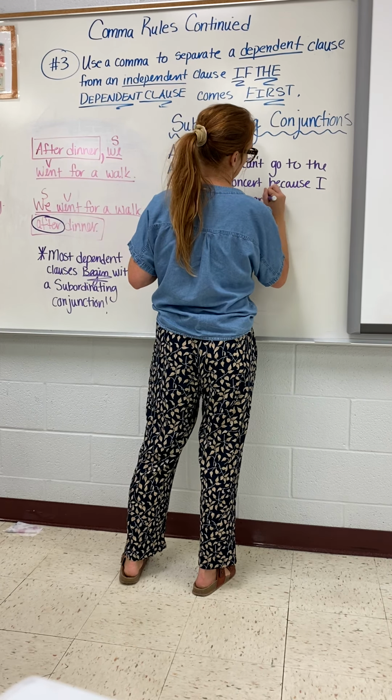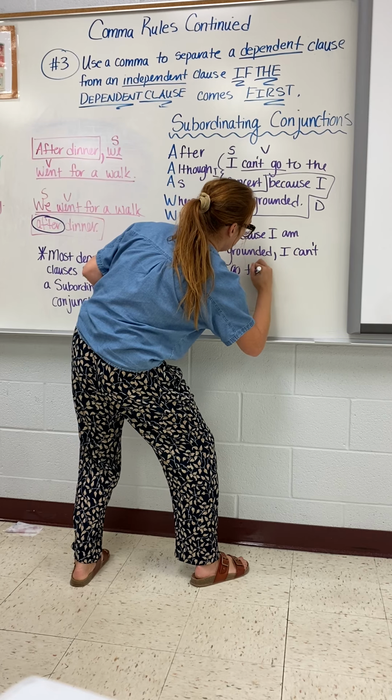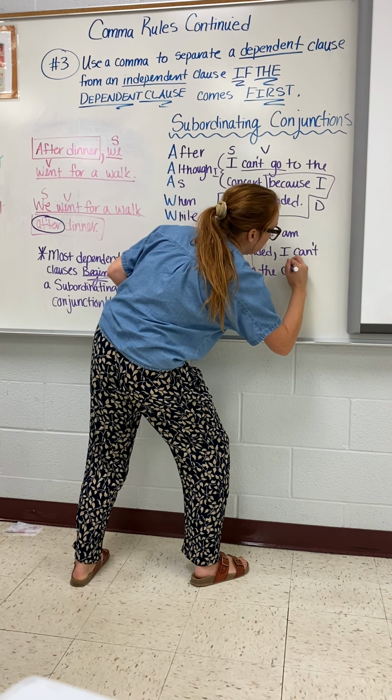So, let's rewrite this sentence to where it does need a comma. We're going to start with that dependent clause. Because I am grounded, comma, I can't go to the concert.